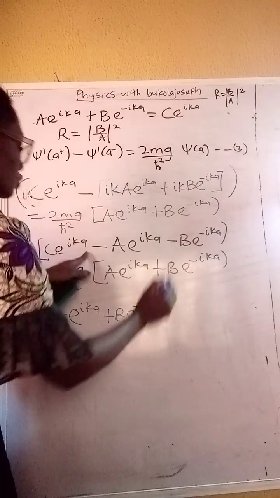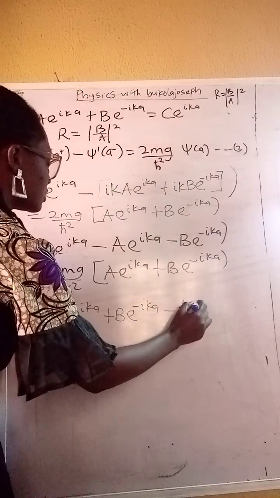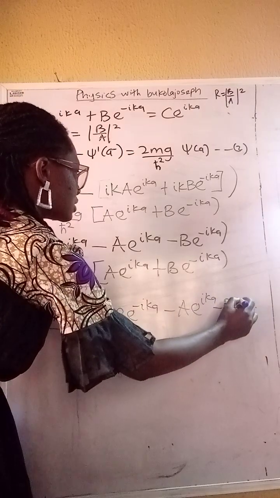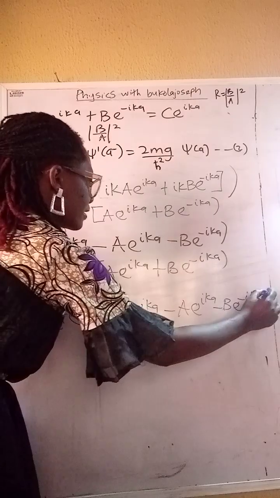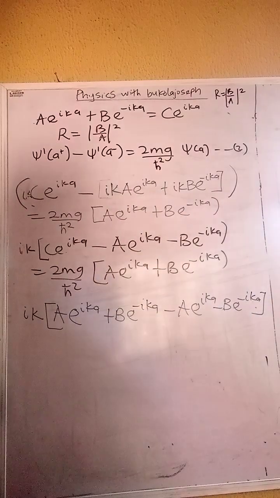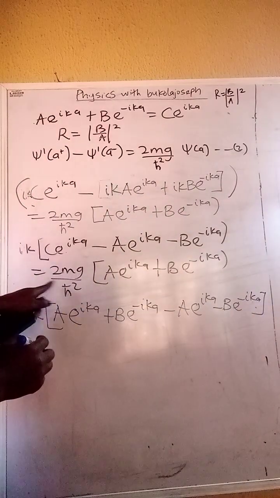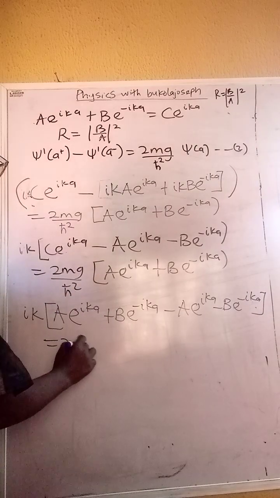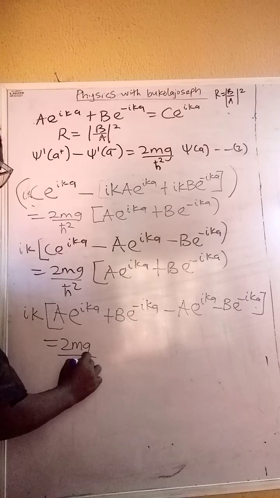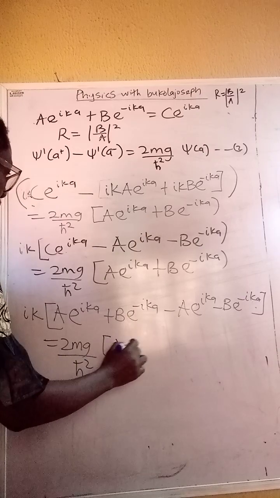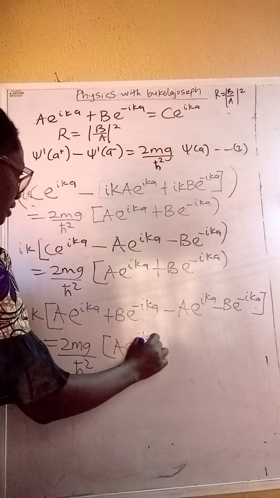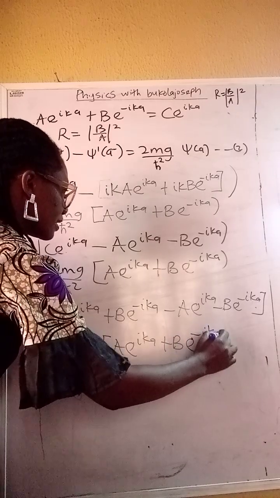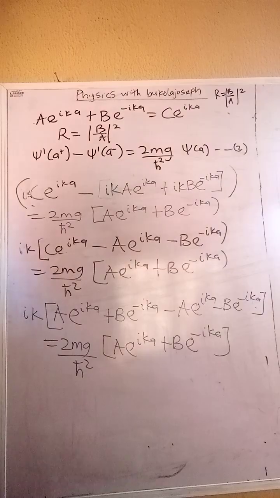Then we continue, minus A exponential ika minus B exponential minus ika, and this is equal to 2mg all over h cross squared, A exponential ika plus B exponential minus ika.